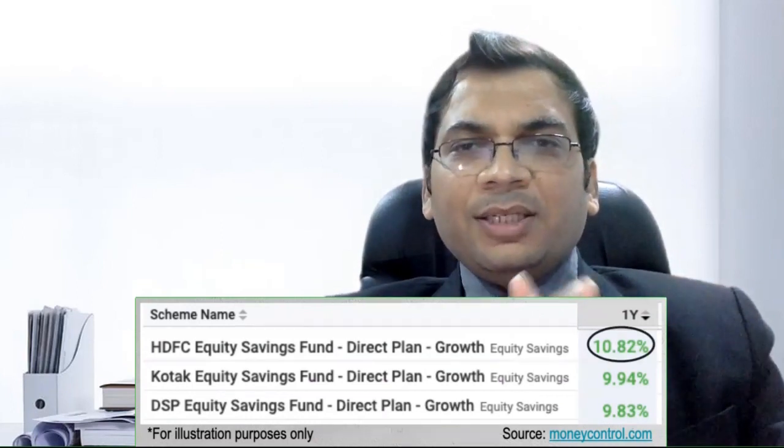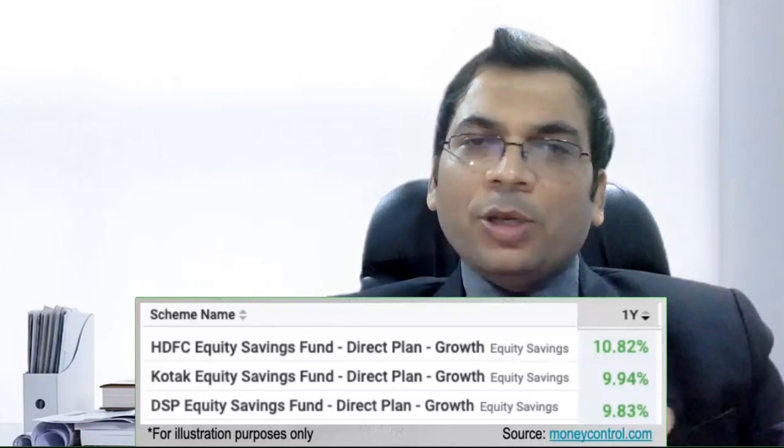But is it enough to see only last year's performance? No. You also have to ensure that the fund's performance has been consistent over the past years. So it is possible that a particular fund has given good returns in the last 1 year, but if you see average returns of last 3 years or say last 5 years, it is possible that it has not given similar returns.